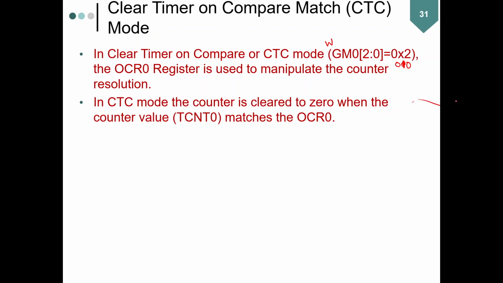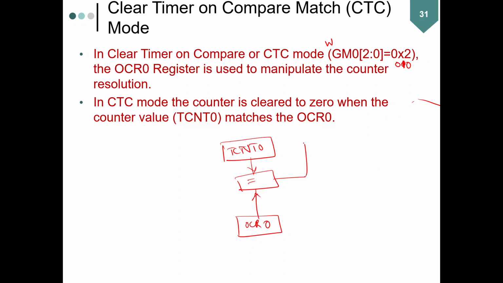So on one side you have the timer counter register, TCNT0. On the other side you have OCR0, and we saw that there are two registers in some cases, OCR0A and OCR0B, and here you have the comparator. It is receiving the input from both, and as soon as the comparison is made, it gives the reset counter signal.